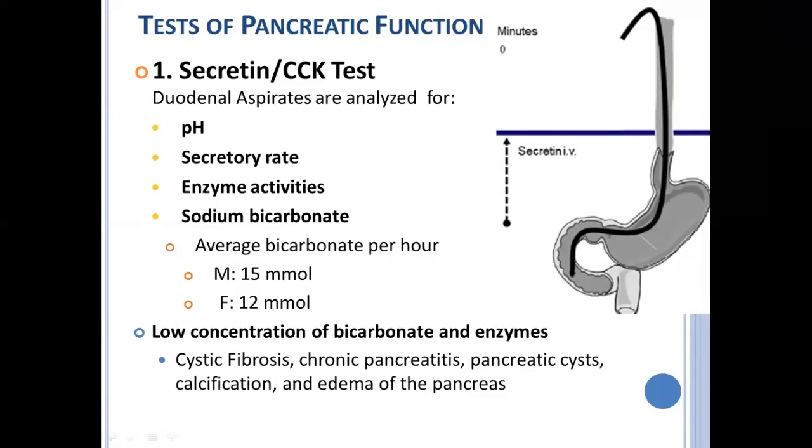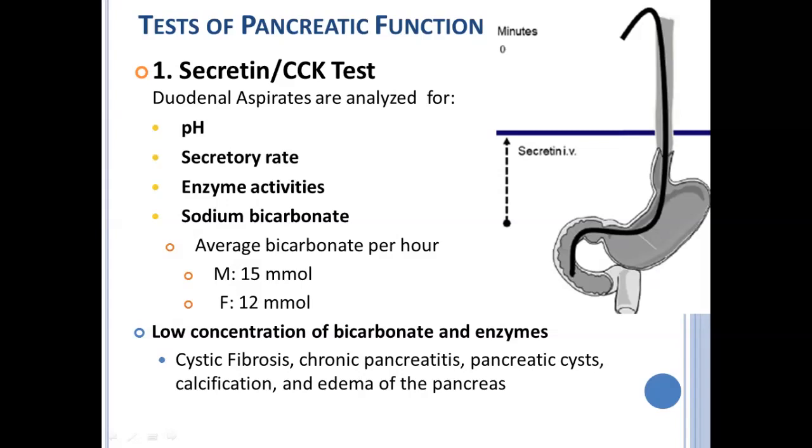So cystic fibrosis, pancreatitis, pancreatic cyst, or pancreatic cancer, or calcification, basta problem in the pancreas. The pancreas cannot release sodium bicarbonate and enzymes. So that is our secretin and the CCK. Again, this is used to assess the pancreatic exocrine secretory function.